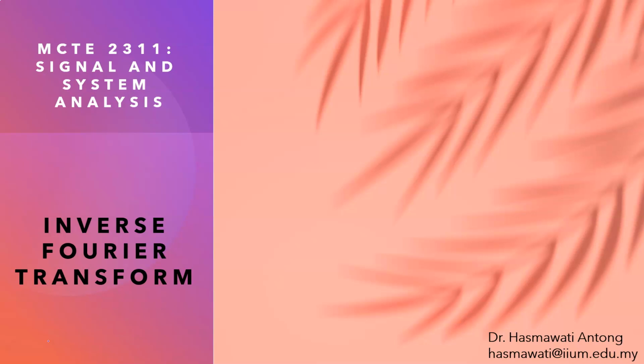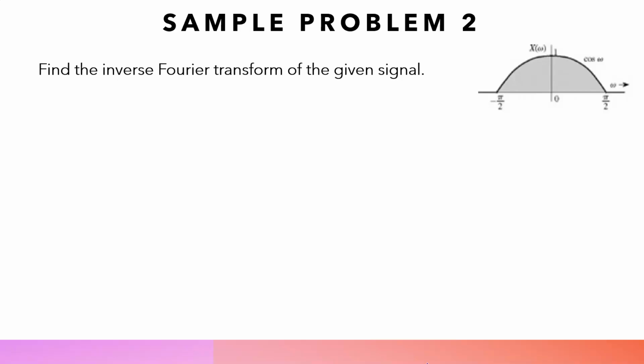In this video, I will continue our discussion on inverse Fourier transform, where I will show you the solution to another sample problem. Okay, problem number 2, where again you are given a signal shown in this graph, and you are asked to determine the inverse Fourier transform of this signal.